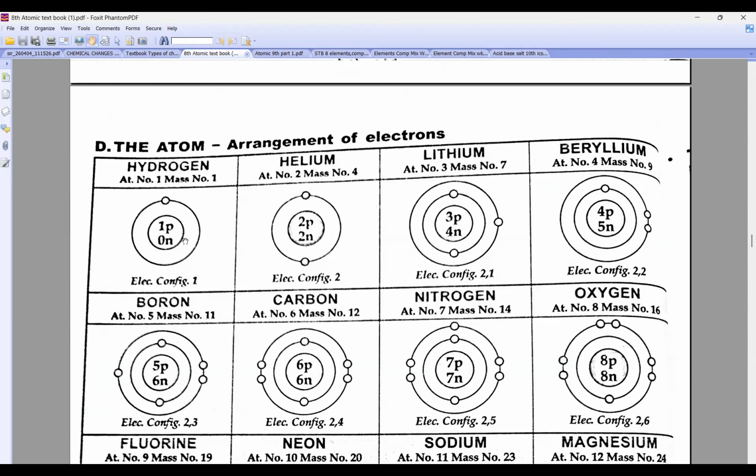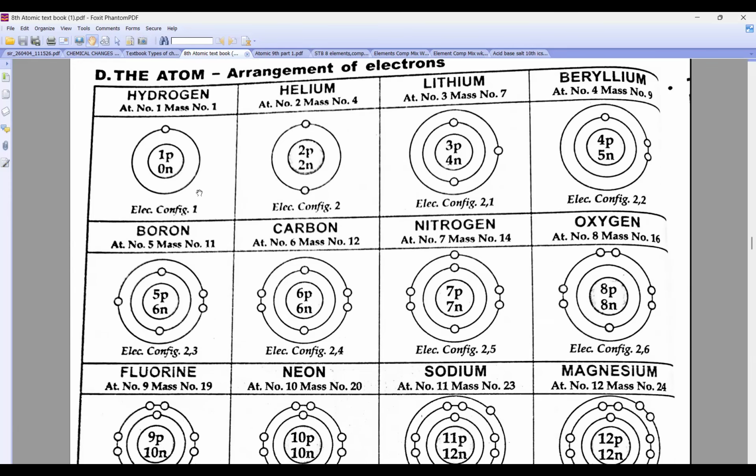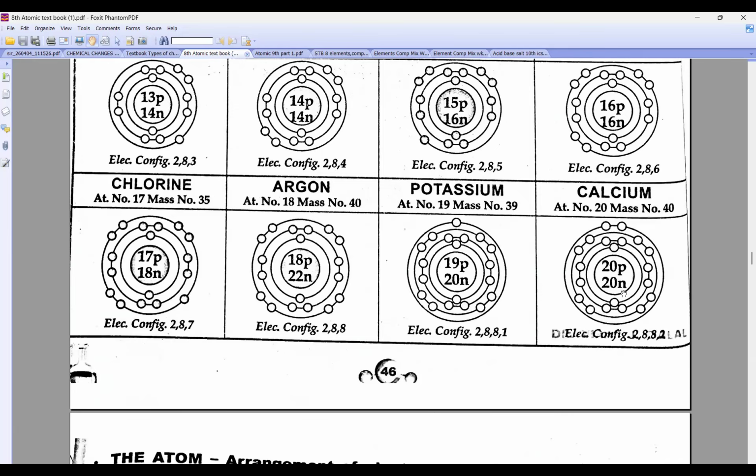Can you see? Hello. Name an element which has zero neutron. Hydrogen. We did this. Till how much do we have to do? Till 20. Oh my God. But beta, atomic number, you can remember proton number, you can remember electron number.